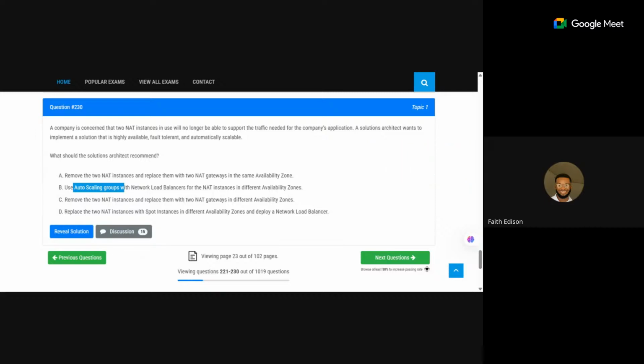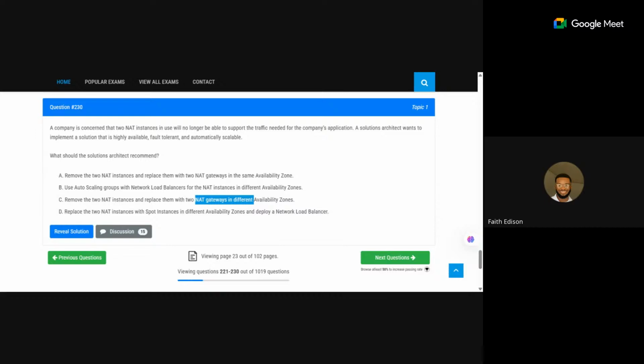Remove the two NAT instances and replace them with two NAT gateways in different availability zones. What's the difference between that and this one? They're removing the NAT instances and replacing them with gateways, but in one it's the same AZ and in the other it's different. Okay, the NAT gateways are in different AZs. It makes sense.